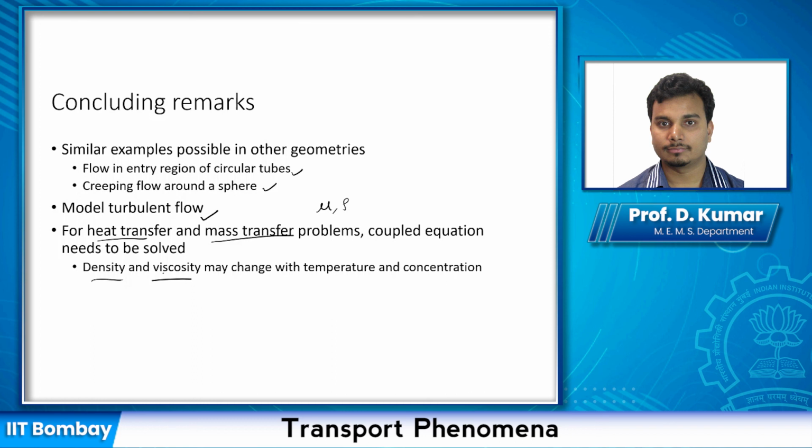You will have similar equations: here you had equations for velocity, in heat transfer you will have equations for temperature, and in mass transfer you will have equations for concentration. Since those things become more interrelated, you have to solve accordingly. So that's even more challenging, and very often we implement all these things in computational fluid dynamics. If you are interested in that area, you can take some project in that.